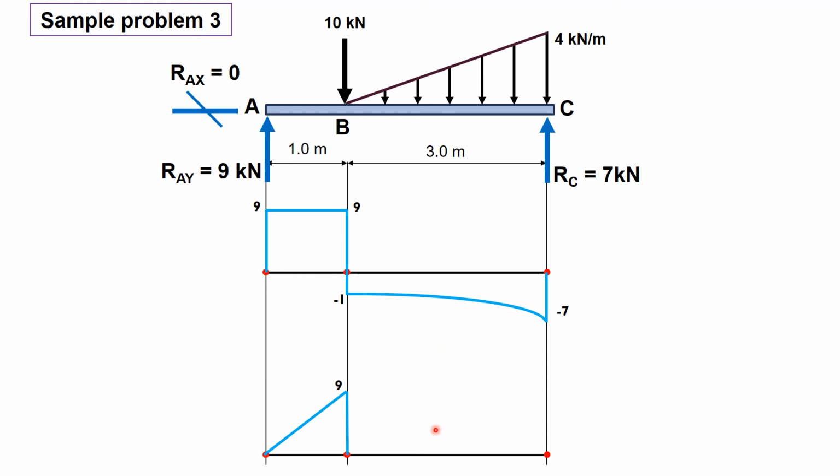Pagbaba dito, third degree. So, curved line na ito. So, paano magiging itsura nito? Ano ang concavity? Kasi dito, ang shear natin is decreasing from negative 1 to negative 7. So, it is decreasing. So, if this is decreasing, then your moment diagram is concave downward, like this.